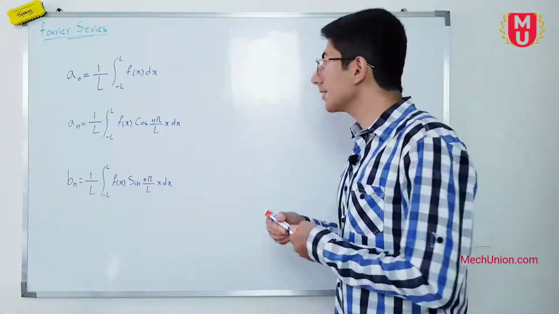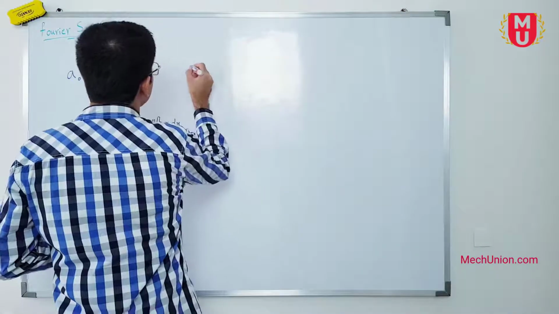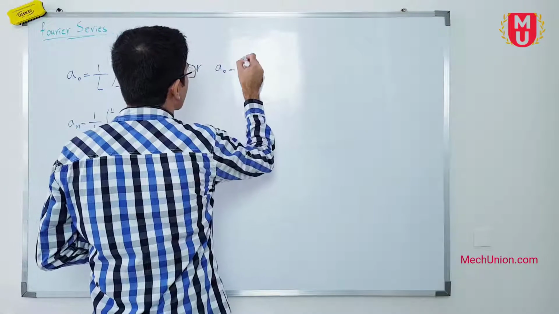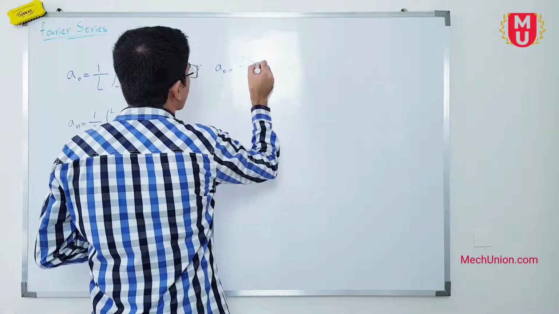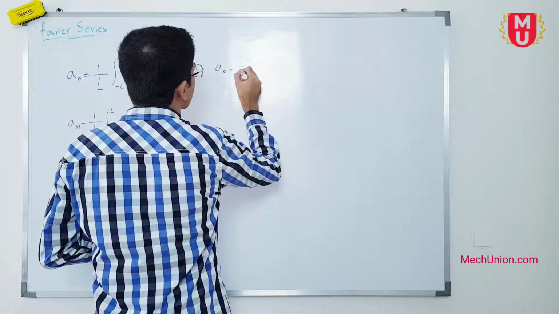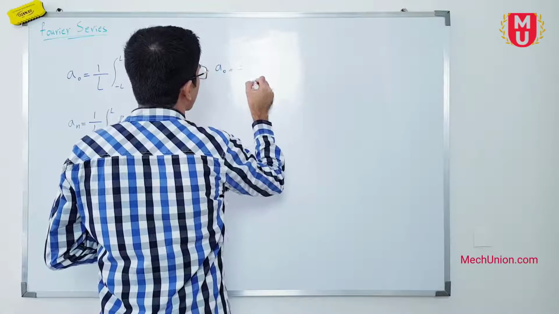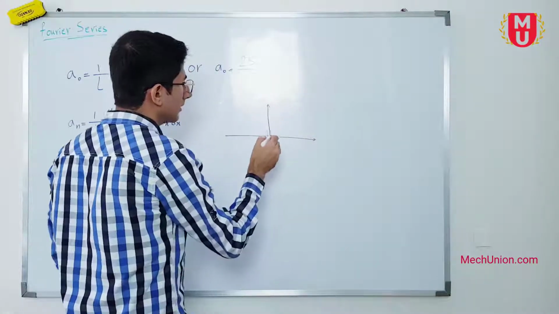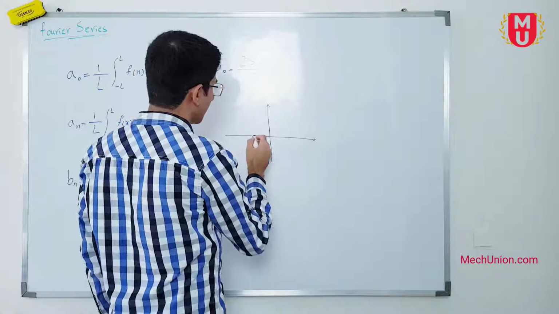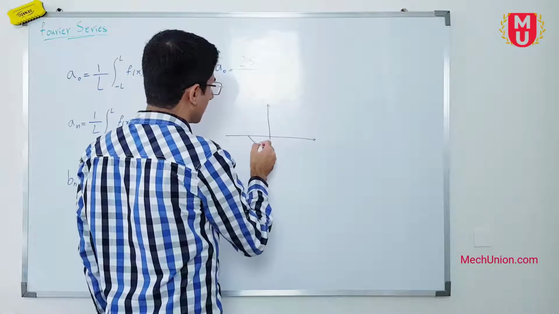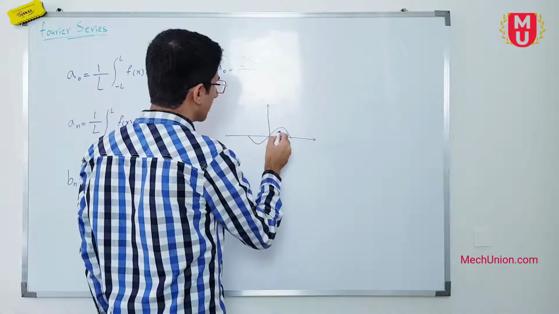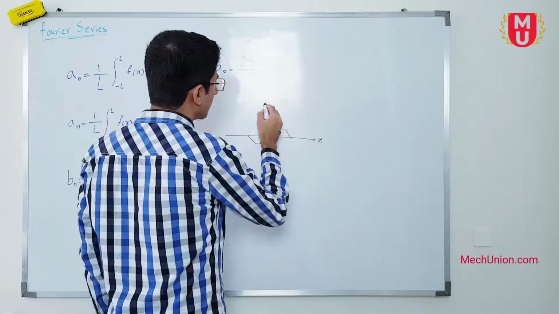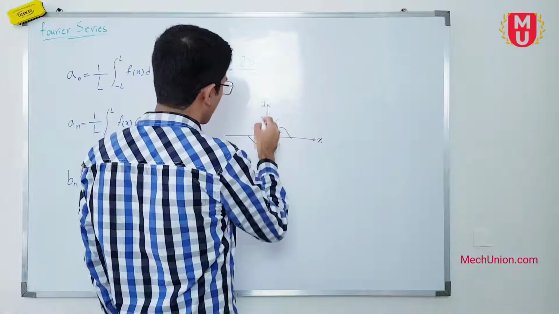And you should consider that a naught has another equation like this: 2 times the net surface over the time period. Take a look at this graph. If we have a function that looks like this, this is the upper side of the x-axis and this is the y-axis.